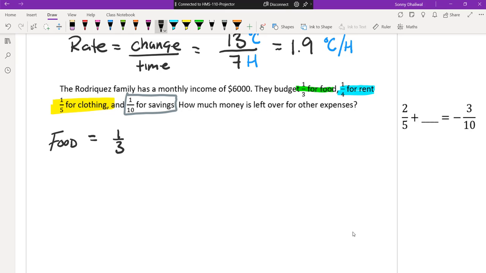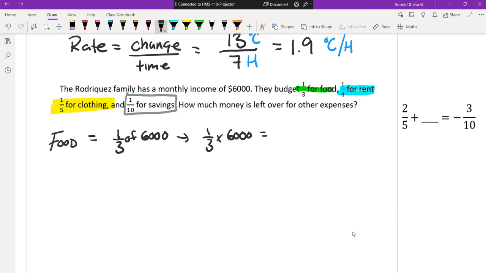A third of what? A third of $6,000. That's their budget for the month. Now, in the previous lesson, I said the word of means to multiply. So a third times $6,000.